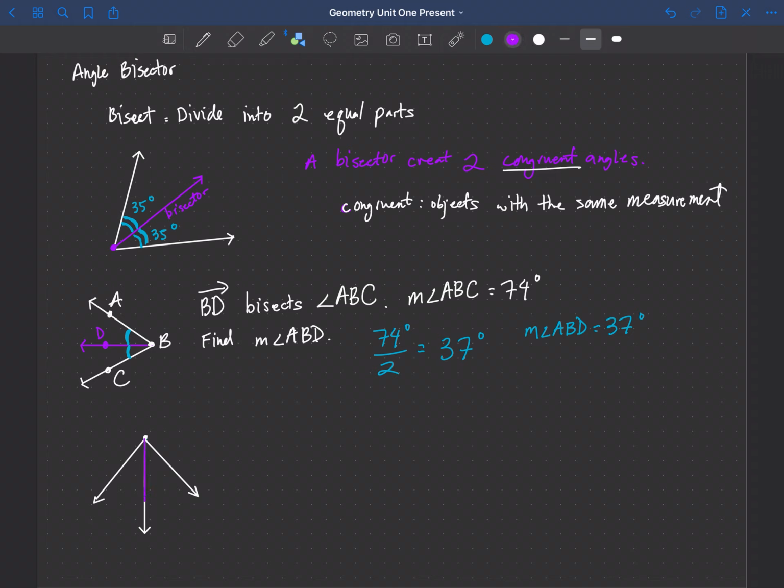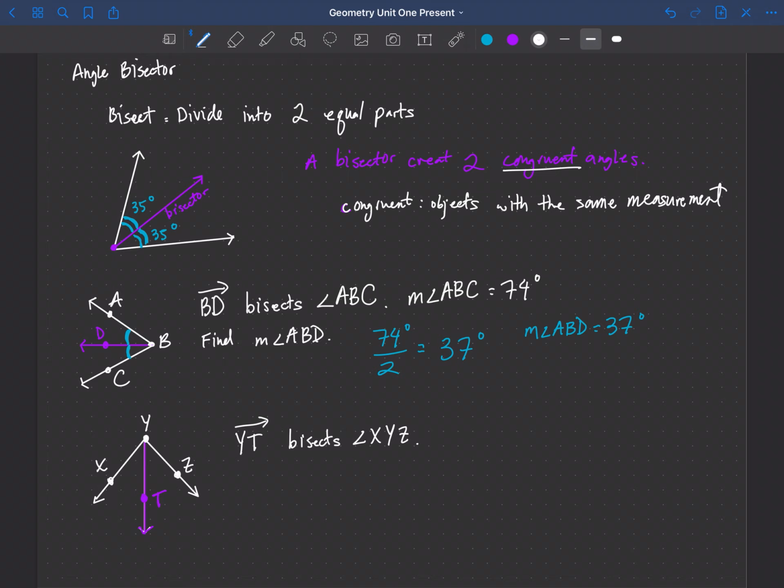So again, we have our purple line as our bisector, and we have our points on our angle, and I will label them X, Y, Z, and then there's T in the middle. Okay, so let's give some information on this. So ray YT bisects angle XYZ.